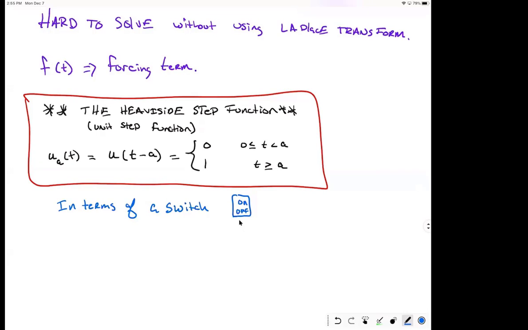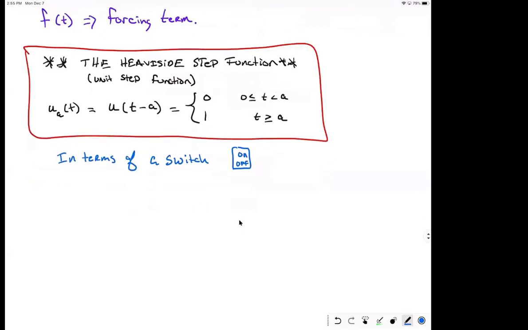There's a lot of other ways to say it, but I say on and off. So our goal then is to turn on our function and have it on, and when we do that, we multiply it by 1, and then when it's off, we multiply it by 0. That's sort of my point of view.